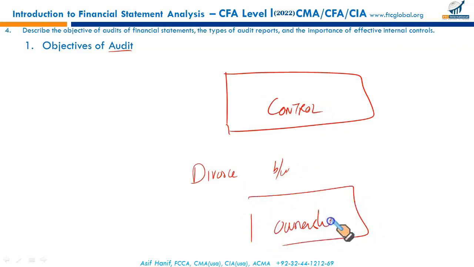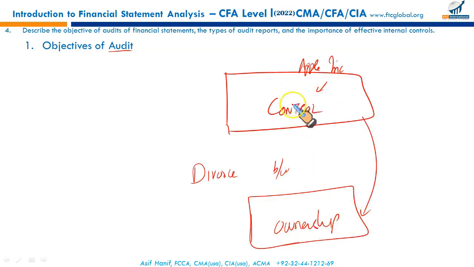That's the basic reason we need an audit. Why? Because let's say we're talking about Apple Incorporated, and millions of people have invested in Apple Incorporated, but they are not controlling it. They are not managing it. Ownership is outside the business, and some other people appointed by these owners, the shareholders, are the ones who control. So there is a divorce between ownership and control.